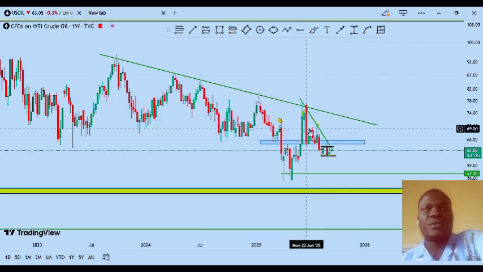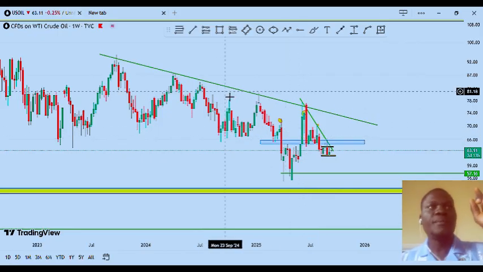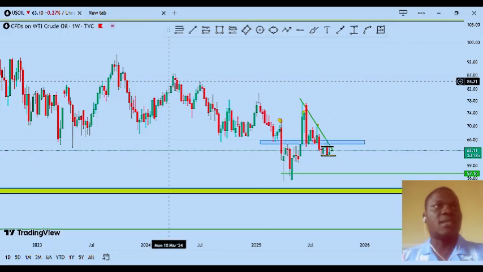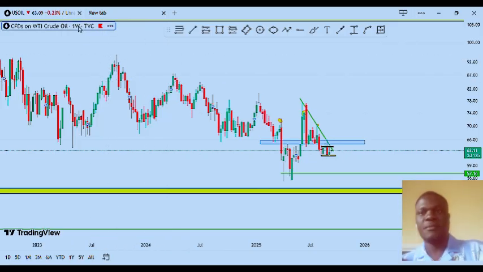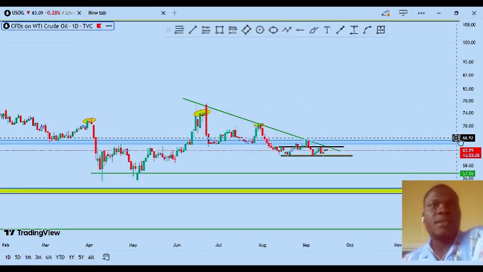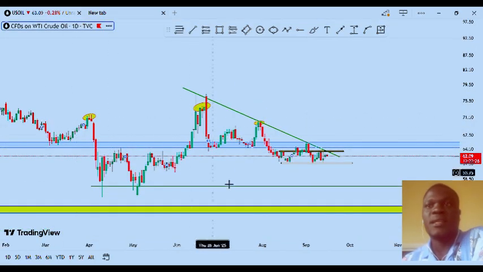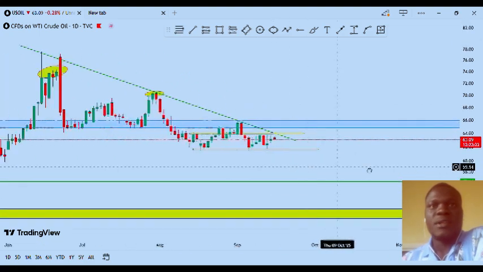So we are still bearish on the US oil market, with a head and shoulder pattern on the weekly time frame and the same head and shoulder pattern on the daily time frame. And the same head and shoulder pattern was also formed right here.